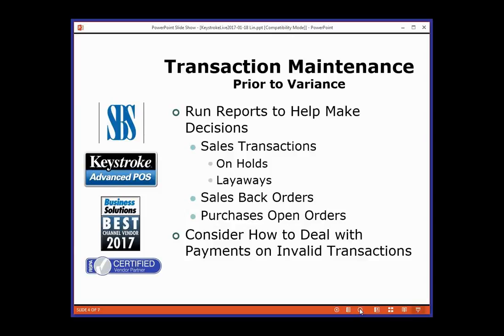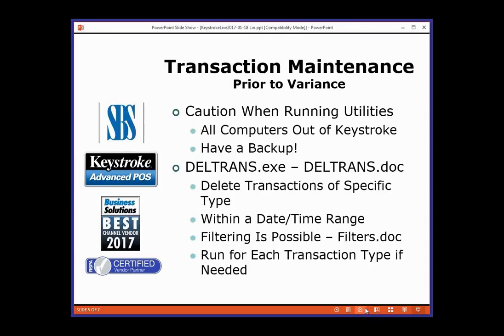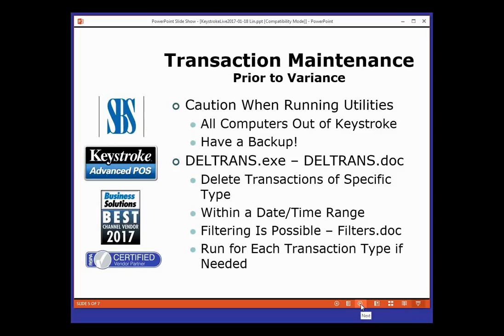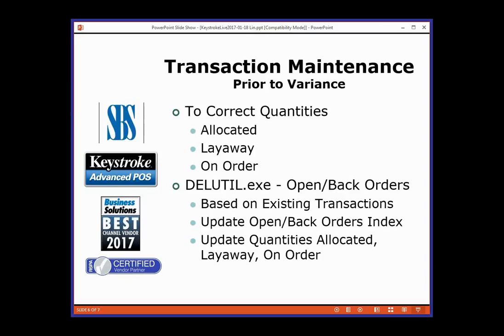You can run reports to help you make decisions, and then run our del trans function to delete transactions en masse. And then you can run our delete utility function to correct your open back order index and correct the quantities allocated to layaway and on order.